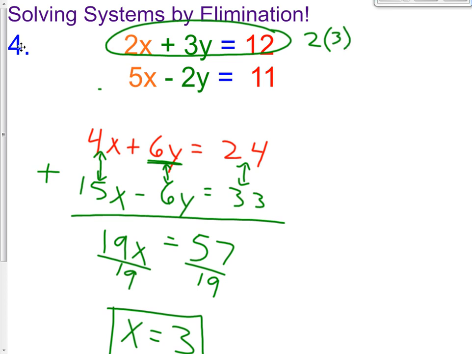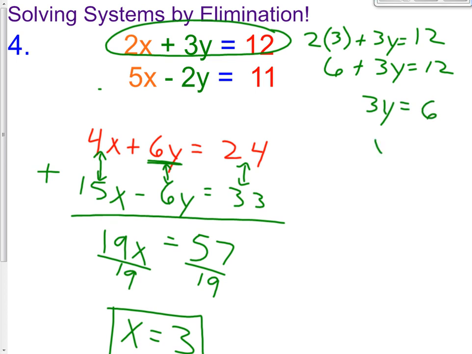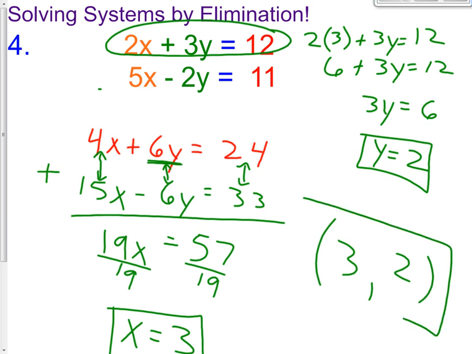So 2 times 3 plus 3y equals 12. 2 times 3 is 6. 6 plus 3y equals 12. So 3y equals 6. Divide both sides by 3. Y equals 2. So there's your ordered pair. Your x-coordinate is 3. Your y-coordinate is 2. And that's how you solve by elimination.